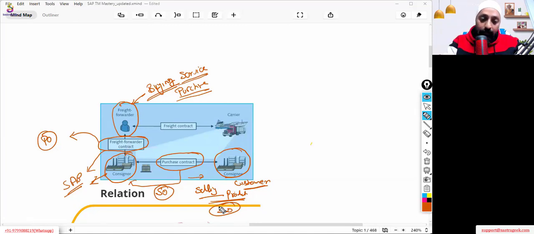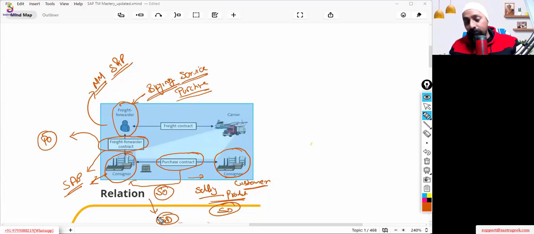In this leg, I would have integration with SAP MM, or sourcing and procurement. For this leg, I would have a strong integration with the SD module. FICO will always be in the picture, but these two legs will have two different module integrations.